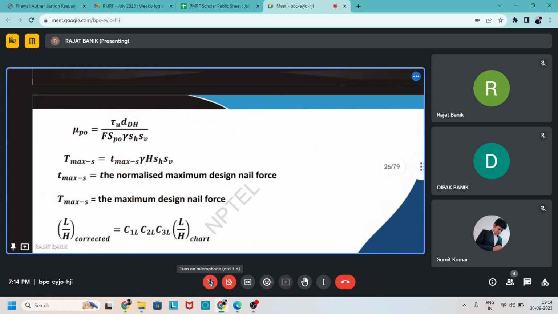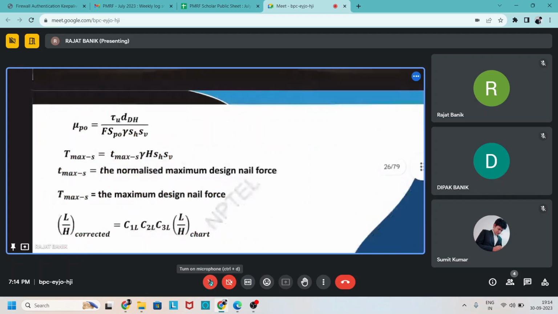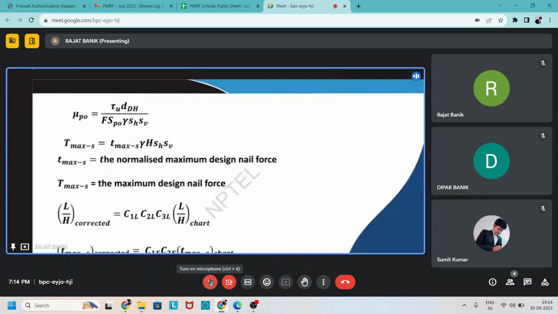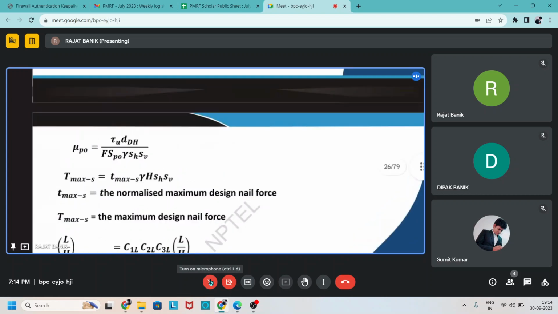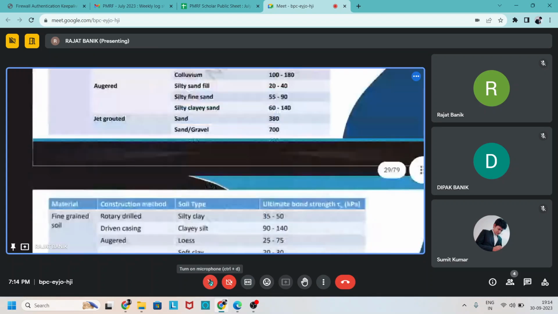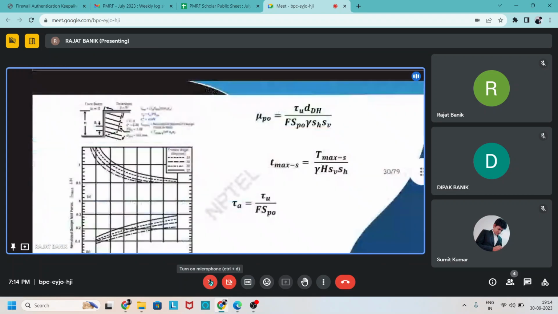Now, this is the normalized coefficient.